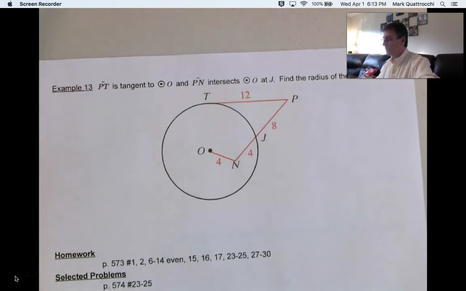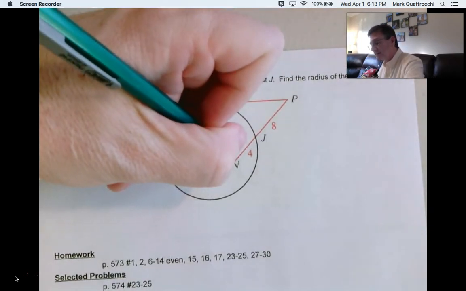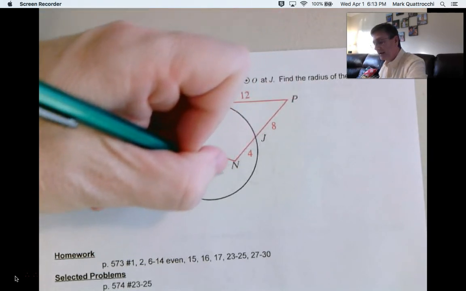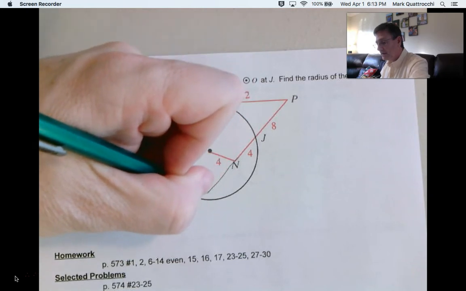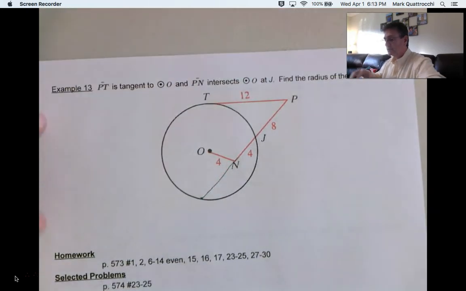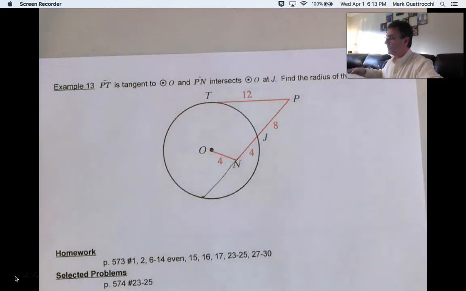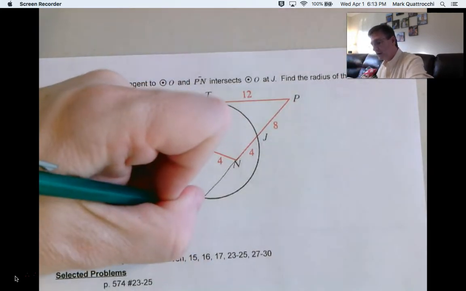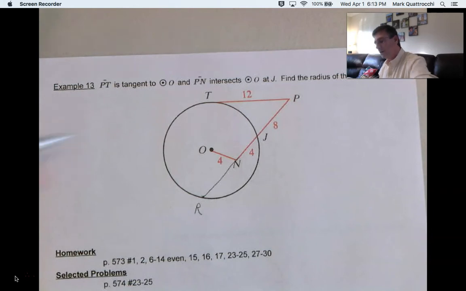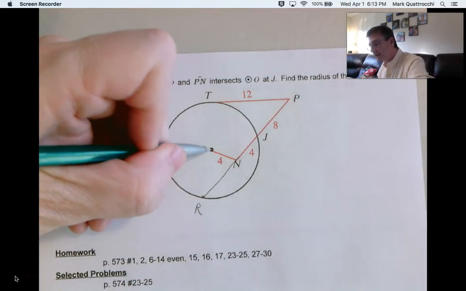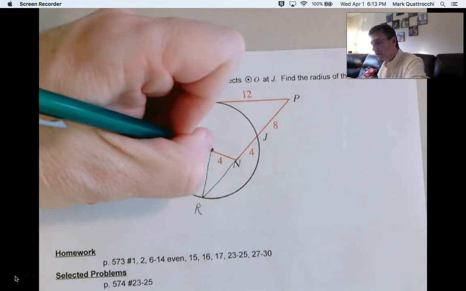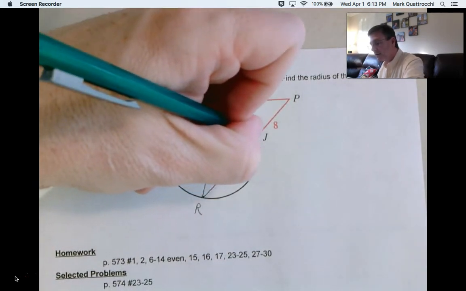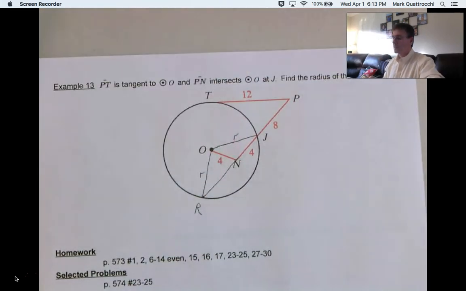What we're going to draw first is extend PJN until it meets the circle. I'm going to call this point R. We get another radius here, little r. We have another radius here, little r. How does that help us?